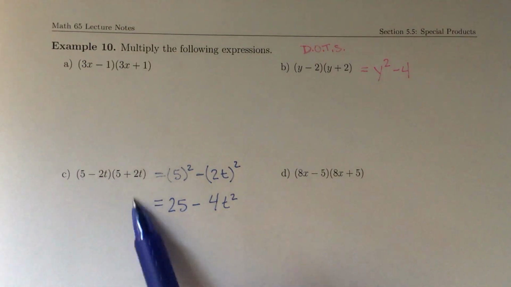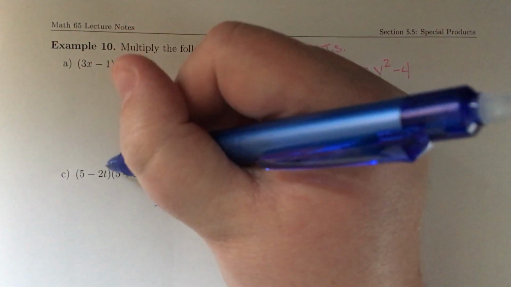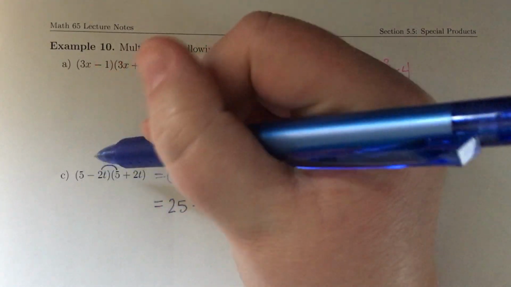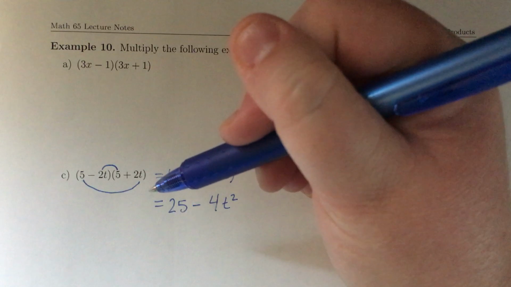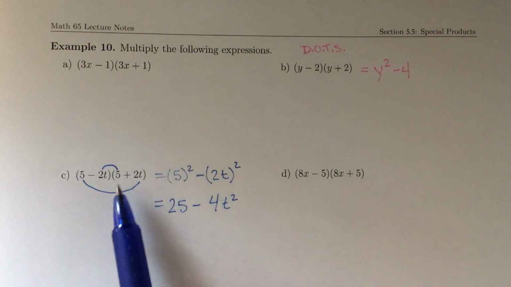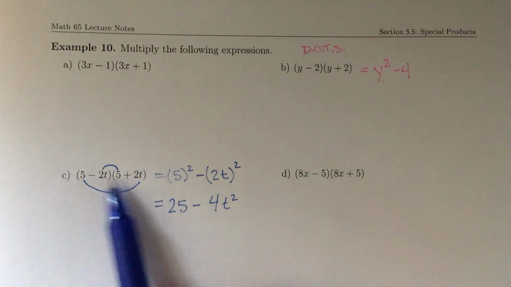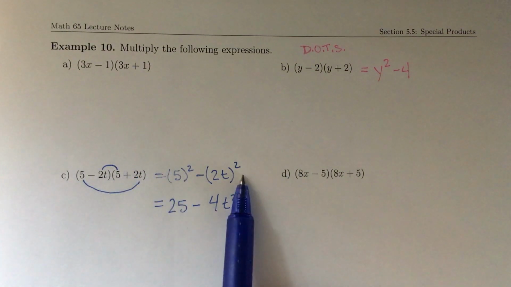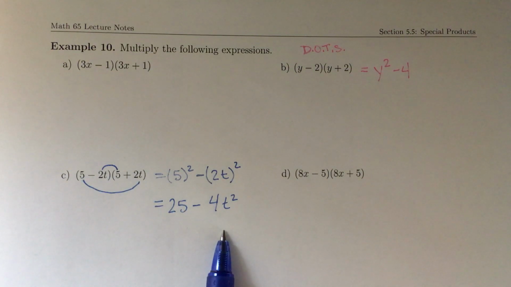And again, we could do FOIL, but if you do, negative 2t times positive 5 and positive 5 times positive 2t are going to cancel. And so that's this special format where it's just going to be the first term squared minus the last term squared. Difference of two squares.